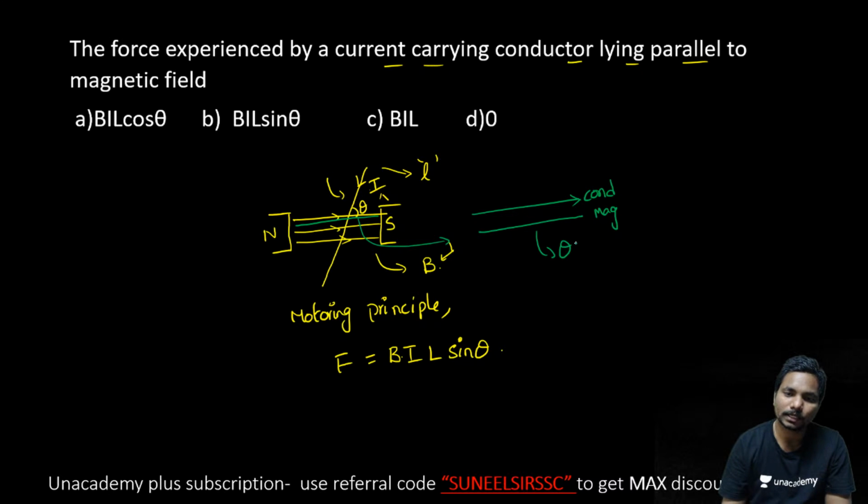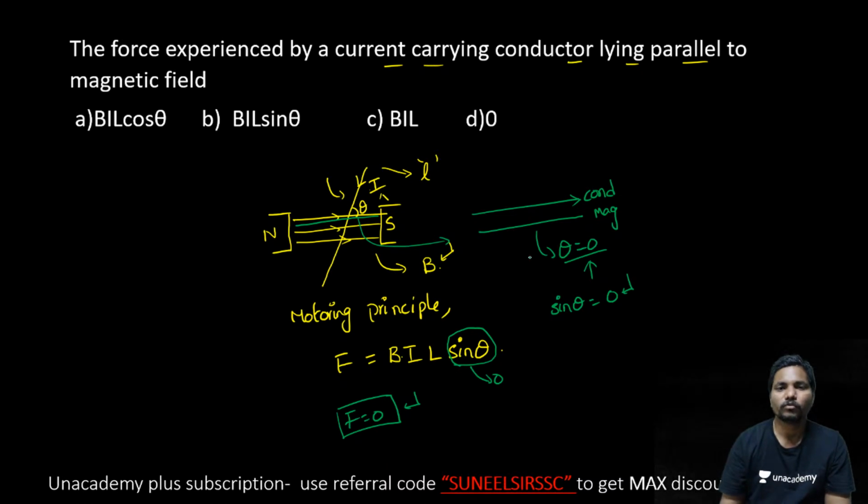What about theta? The angle is 0. If the angle is 0, what about sine theta? Sine 0 is 0, so the force also will become 0. Whenever a current carrying conductor lies parallel to the magnetic field, the force will become 0.